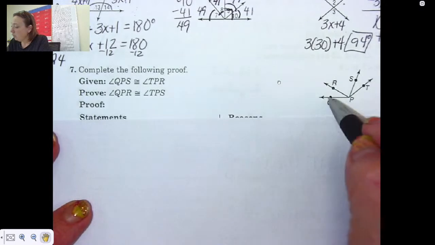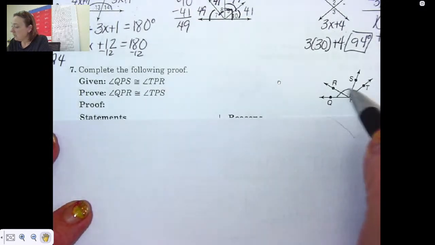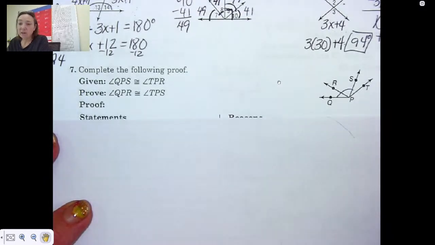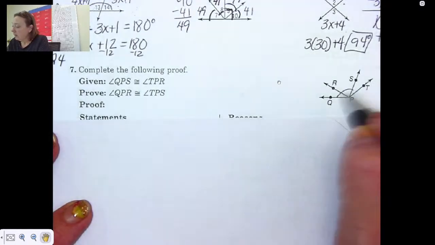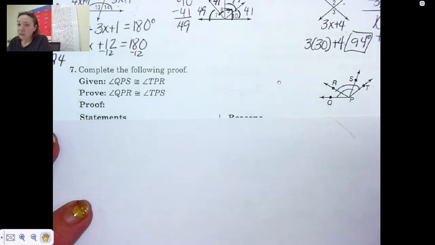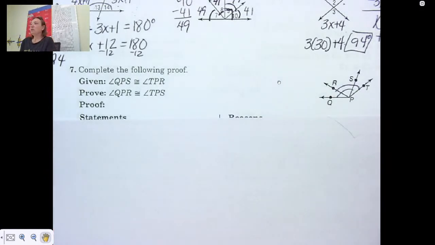So QPS, that's this angle right here. Y'all see that? It's congruent to TPR. That's this angle. Now, just right now, tell me what you notice. They look obtuse, okay? What else do you notice about them?